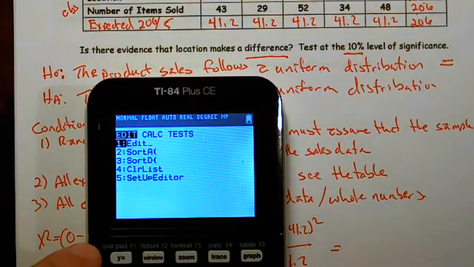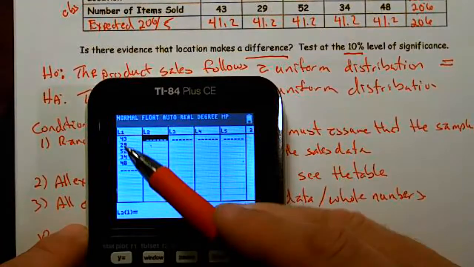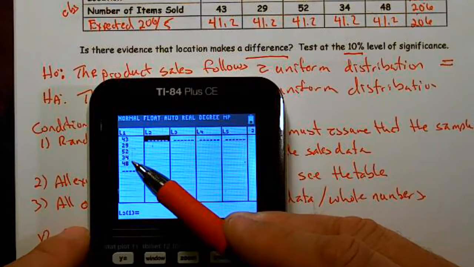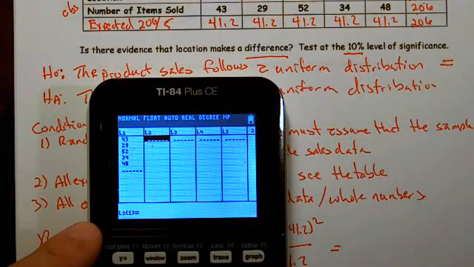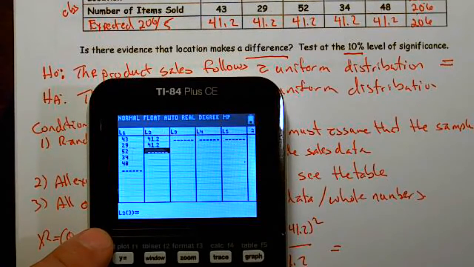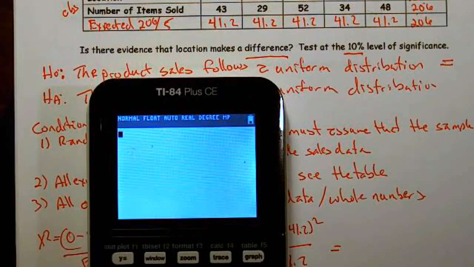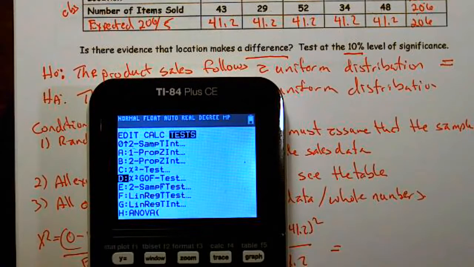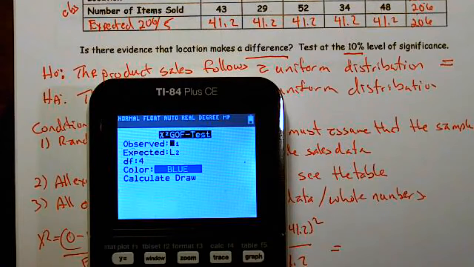So stat edit, I've entered my observed values right here, 43, 29, 52, 34, and 48. Now I need to enter my expected, which is 41.2. Second quit, stat, test, chi-squared goodness of fit. L1, L2, degrees of freedom is 4.